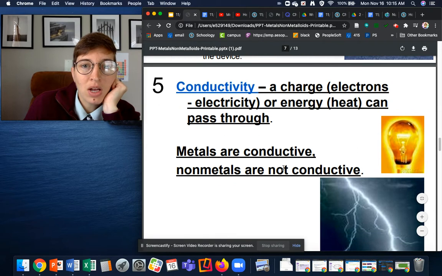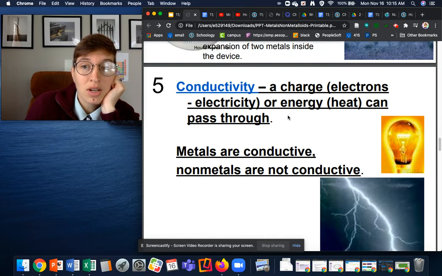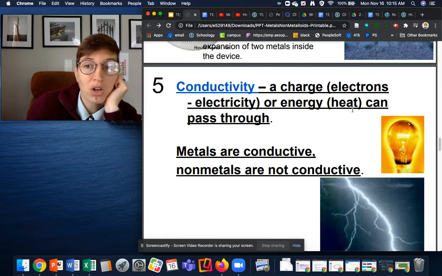We're talking about conductivity. This is electrical conductivity, so what conducts electricity, or we can talk about what conducts heat. And conductivity, here's our definition, is when a charge, electrons, electricity, or energy, heat, can pass through. Charge or energy can pass through. So pause this and write that definition down if you need to.